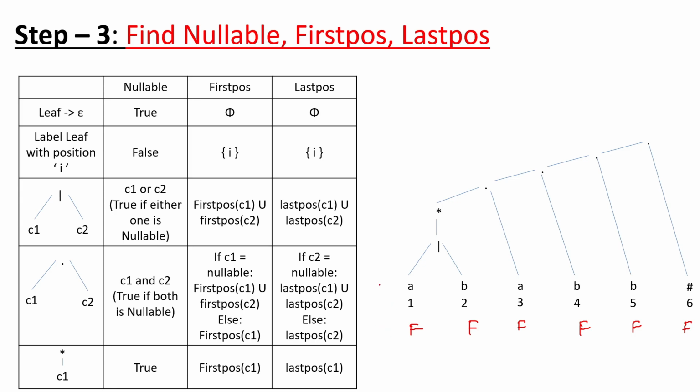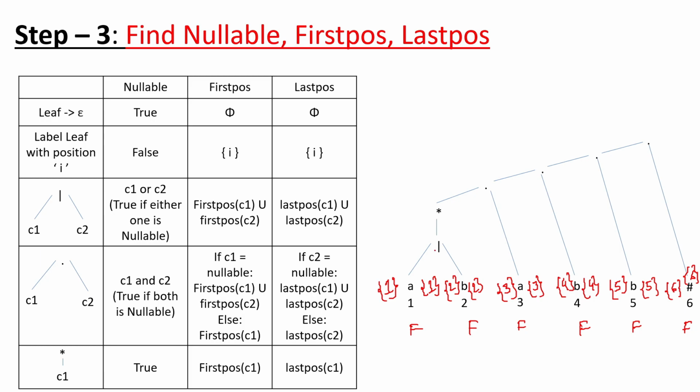For this one, the first pos we write on the left side and the last pos on the right side. So this is first pos and this is last pos. So I have written all the first pos and the last pos for these leaf nodes.